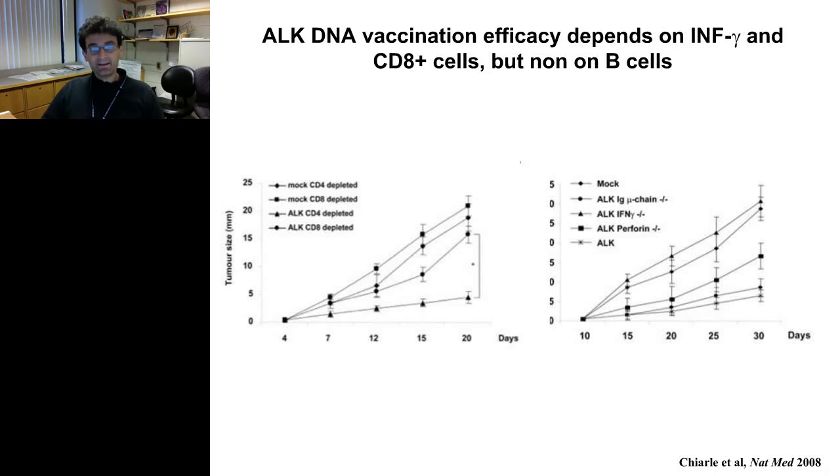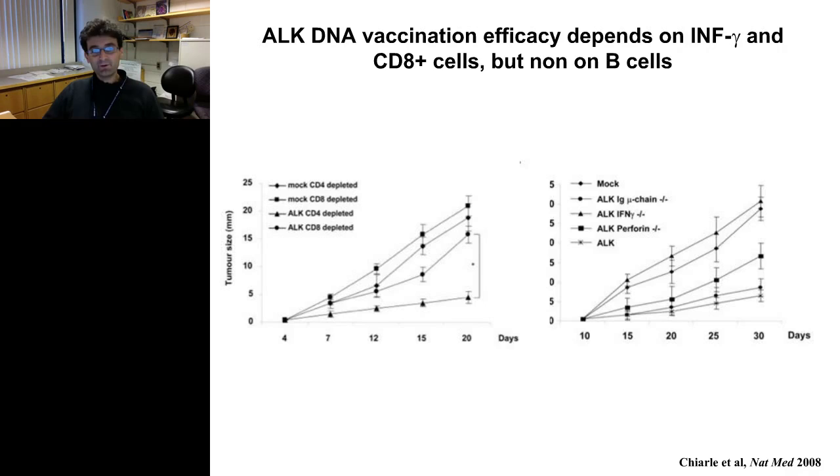And finally, a little bit of mechanism. Here again, in this case, is tumor growth. So we injected the ALK positive lymphoma cells in the flank, and you see that typically control cells grow very well and fast. Here are control cells.